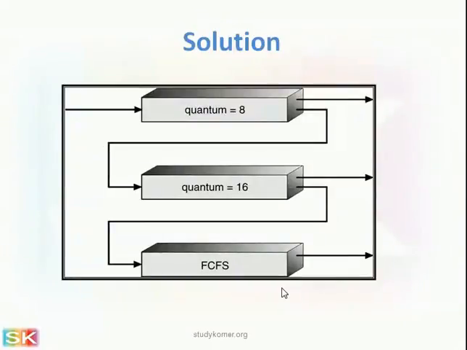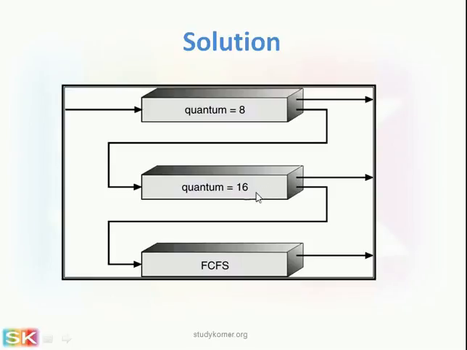So this can be the diagrammatic representation of the system, in which this is our Q0, in which the time quantum is 8 milliseconds. So a process will be executed at max for 8 milliseconds in Q0, then it will be submitted to Q1.